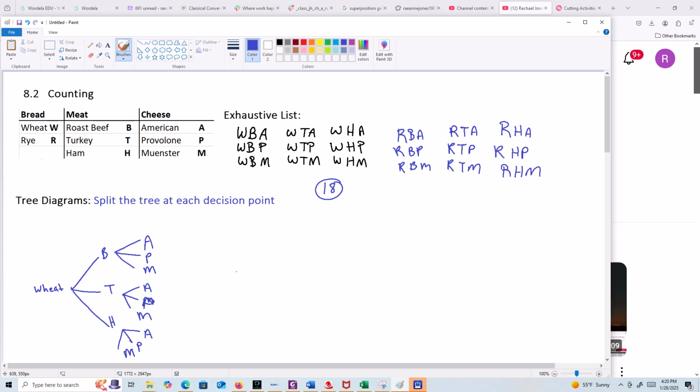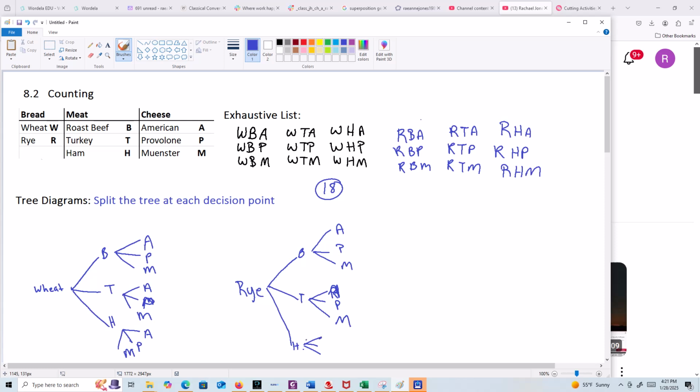All right. Then we also can create the tree diagram for rye. Beef, turkey, and ham, but then each of these has 3. 1, 2, 3. 1, 2, 3. American, provolone, M. American, provolone, M. Sorry, getting kind of sloppy.